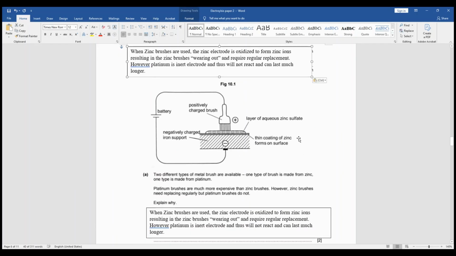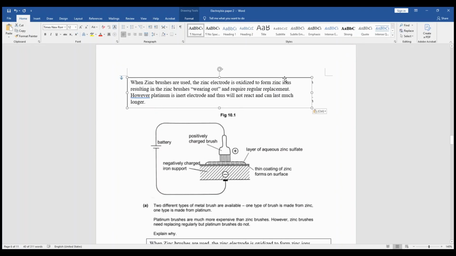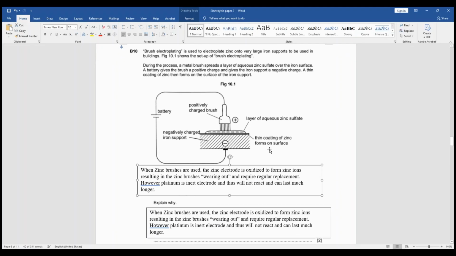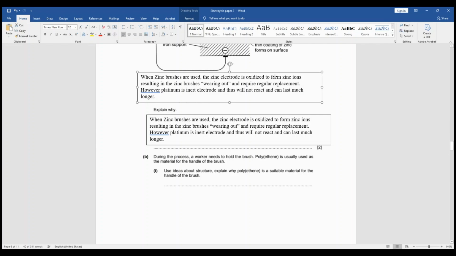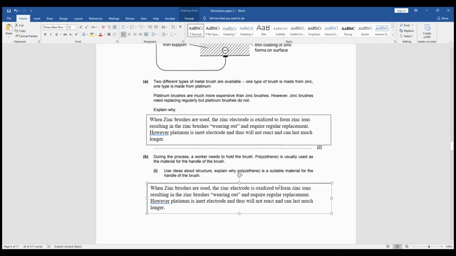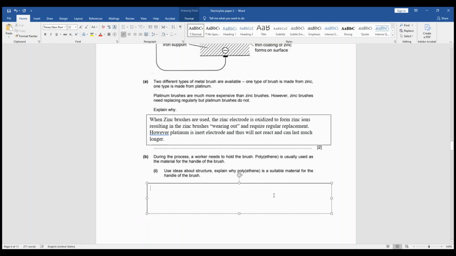Even though there is a reason for other materials why they cannot conduct electricity, you cannot say that of polyethylene. It is not a simple molecule. Polyethylene is a macromolecule.